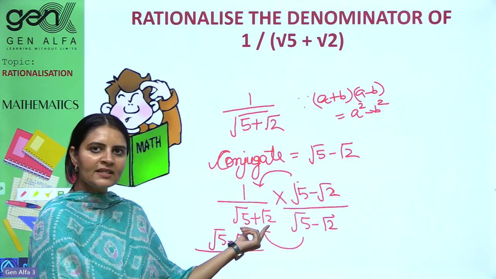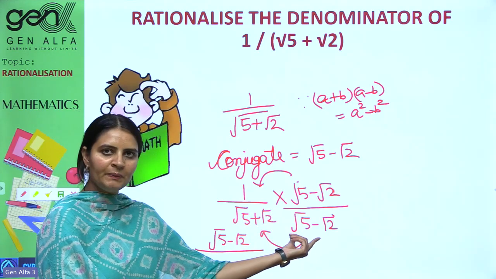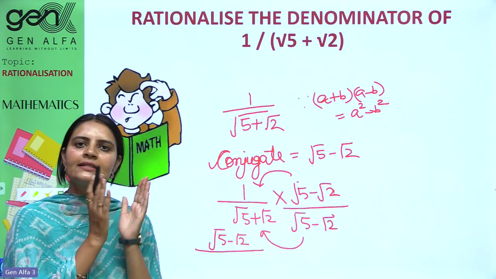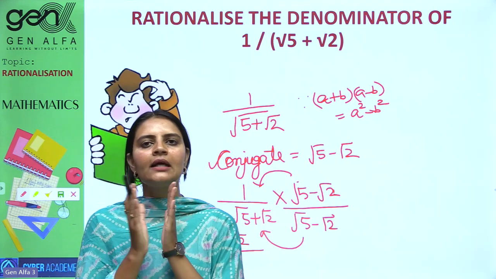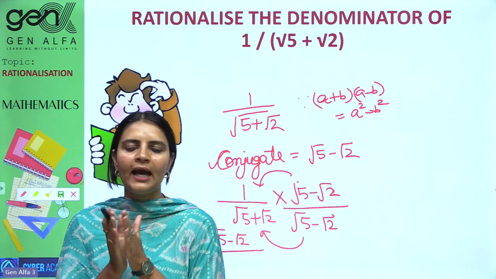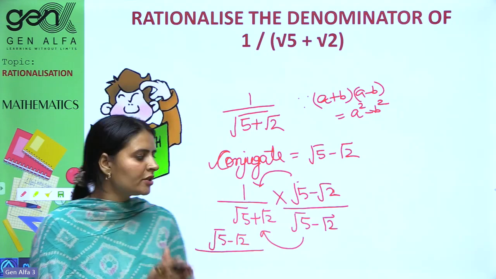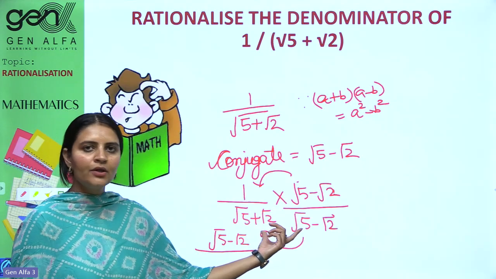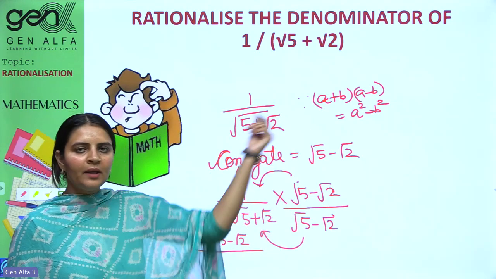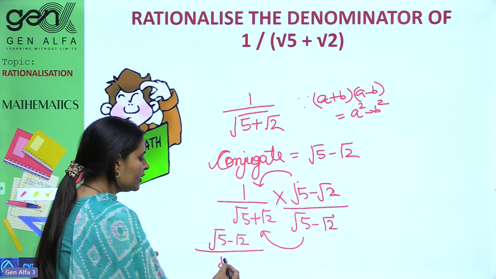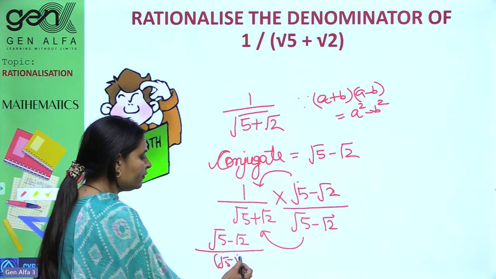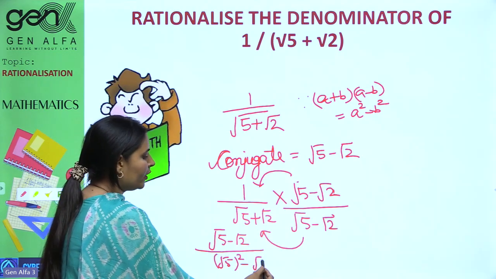It is A plus B here and A minus B here. It means the terms are getting summed up initially, the terms are getting subtracted initially, and they are present in multiplication form. So that would be applicable: A square minus B square. A is your first term. Take the square of it and take the square of the second term.